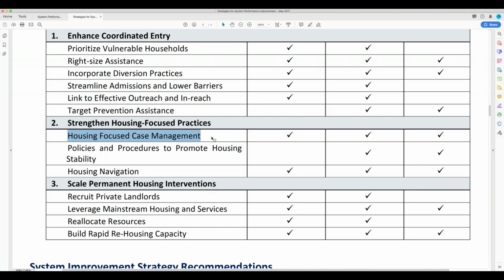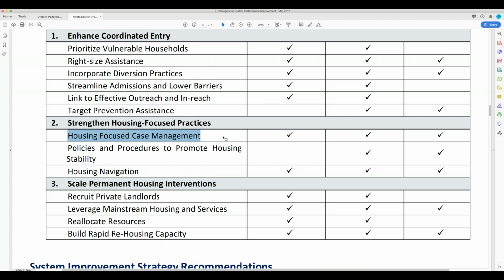The philosophy being promoted here is, you may be in my shelter or transitional housing program, but my primary goal is to get you housed. Above anything else, as soon as you come in my door, we're talking about how you can open the door to your own place and walk out my door for the long term so that you can stay housed.